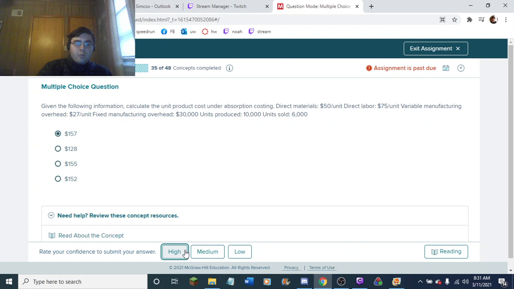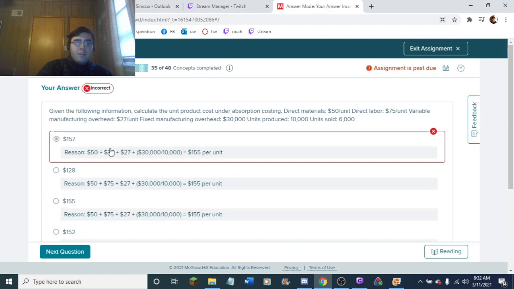We're gonna just get the quick and easy thing. So you add the per unit cost of direct labor, of variable costs, and of the fixed costs. You add all the costs, and then you add the units produced divided by the units sold.